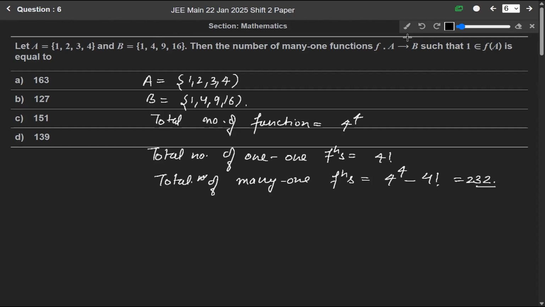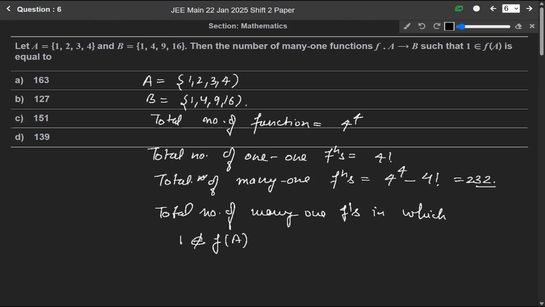Okay. So total number of many one functions in which this 1 does not belong to f(A), let us say. So it will be 3 into 3 into 3 into 3. So it will be 81.